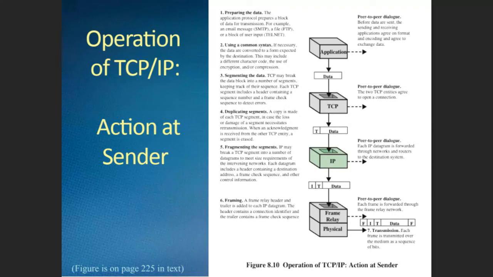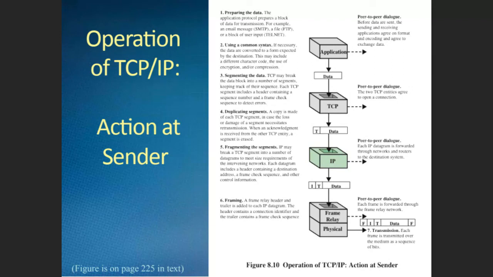Okay? So, in summary, you have to know that the internet layer deals with IP addresses. The data link or network access layer deals with physical addresses or MAC addresses. Okay. And then we have the physical layer.